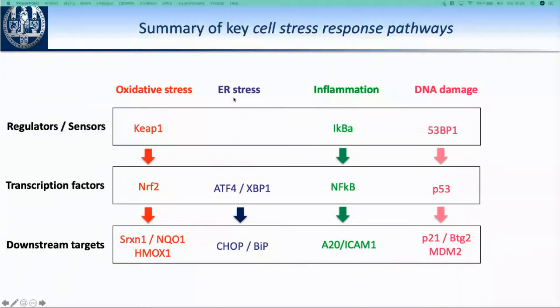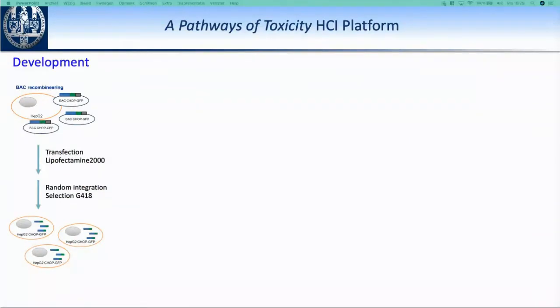To be able to follow the activation of the genes of these different adaptive stress responses, at Leiden we developed a Hep2 reporter platform by using the BAC recombineering technique. Here on the left you see the Hep2 cell being transfected with certain plasmids containing the gene of interest with the GFP tag. They are transfected and selected so that we end up with cells that specifically express genes that are connected to a GFP tag.